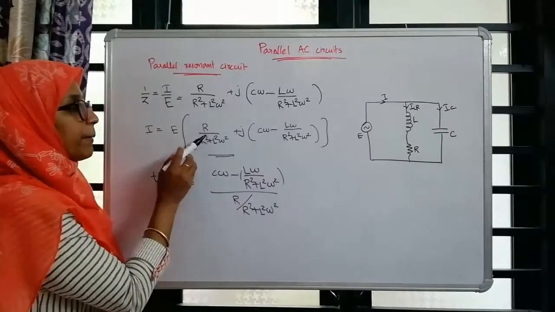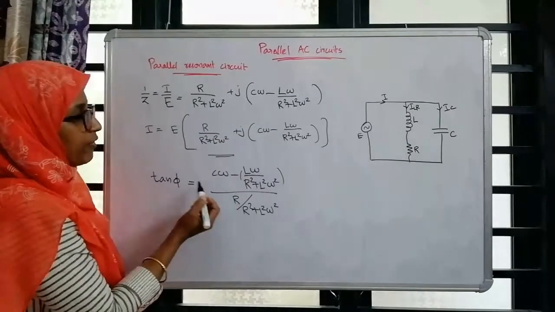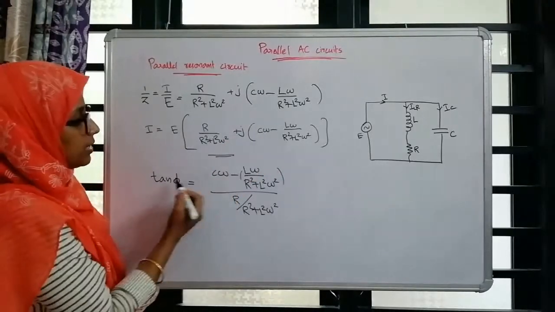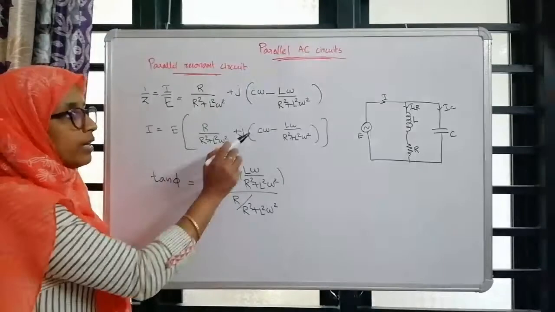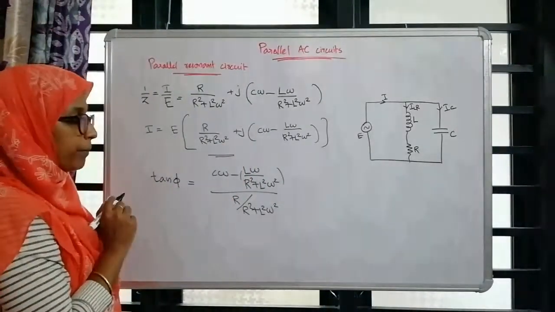That is, when we represent this as cos phi plus j sin phi, tan phi is equal to sin phi divided by cos phi, that is the imaginary part divided by the real part.